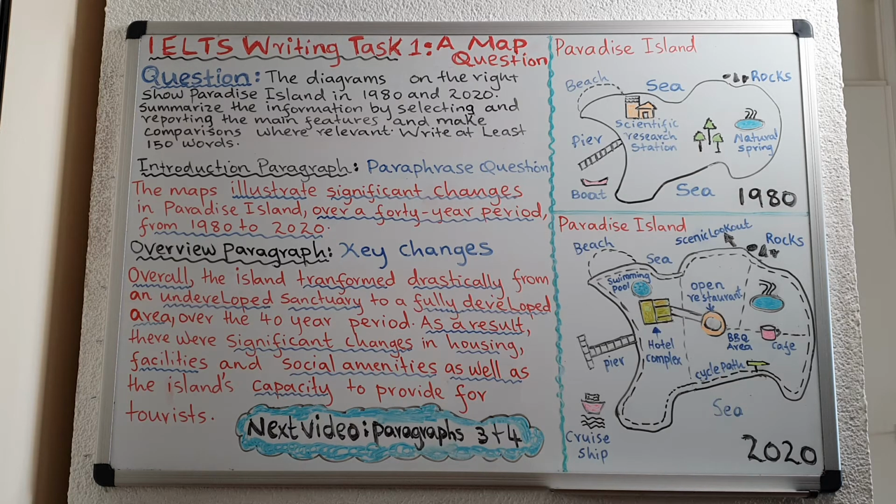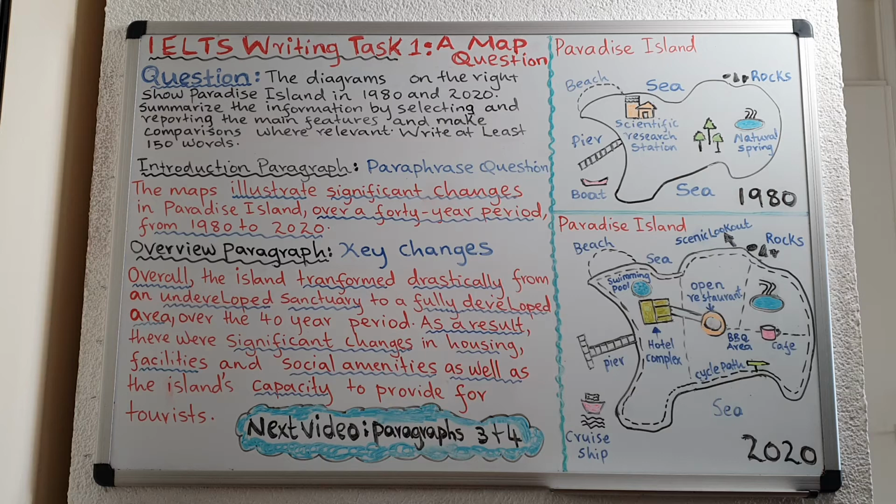So when it comes to writing task 1, you're supposed to write 4 paragraphs. In this lesson, we're going to learn how to write the first 2 paragraphs, that is the introduction paragraph and the overview paragraph. In the next video, I'm going to teach you how to write paragraph 3 and paragraph 4 based on this particular question.